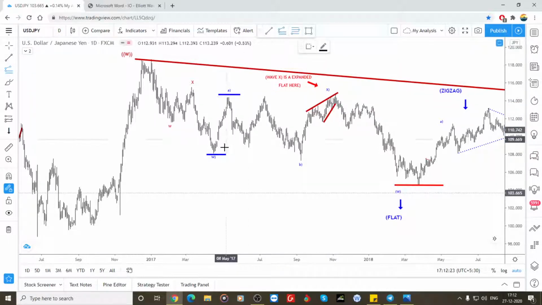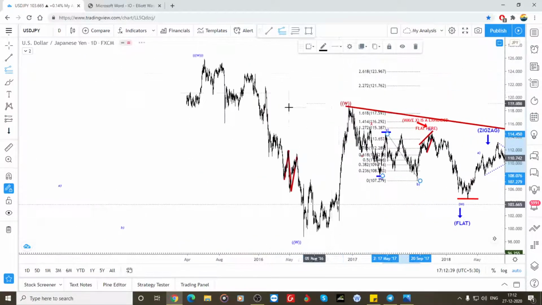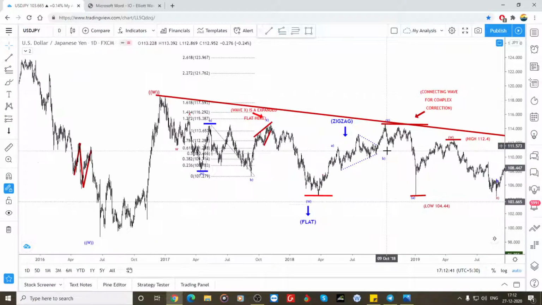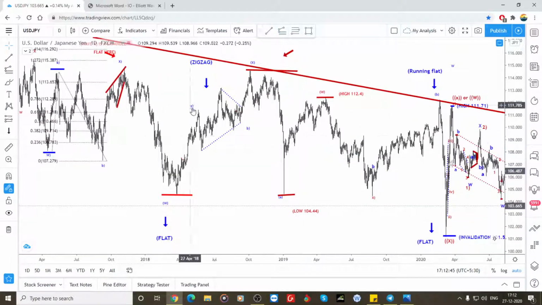So from 0 to A, the rejection for the B is between 1 and 1.272. Within this it is getting rejected, but sometimes, if it is very aggressive, it can reach up to 1.618 also. I will search for that if I find something interesting. Yeah, from here we will see the projection.